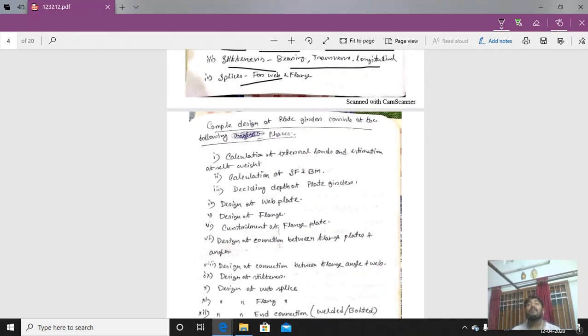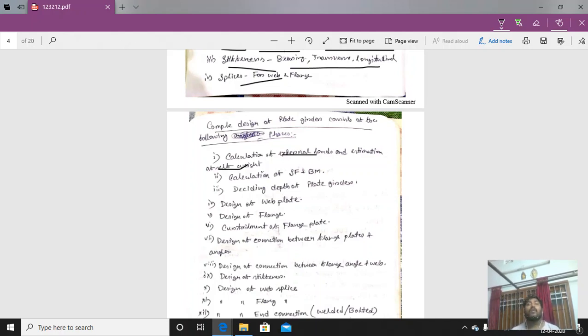Now coming to the complete design of plate girders. What are the various steps or elements that need to be designed? First, calculation of the external loads and estimation of the self weight, because the plate girder will be loaded by the external load as well as its own self weight, so that the total load is obtained.